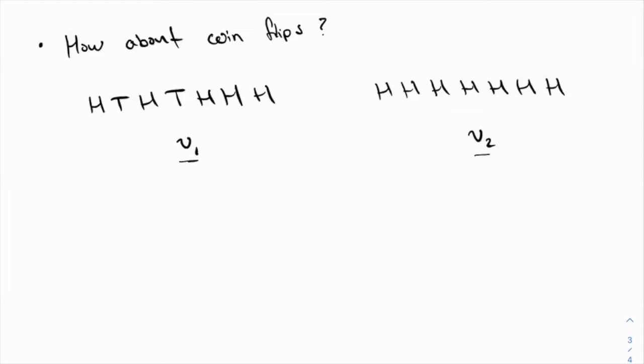If I flip another coin, what's the probability of getting a head? It's still 50%. So in fact, it is indeed the case that this specific sequence and this specific sequence, the one on the left and the one on the right, are exactly equally likely. The probability that I get the specific sequence, heads, tails, heads, tails, heads, heads, heads, is exactly equal to heads, heads, heads, heads, heads, heads, heads. It's 1/2 to the 7.